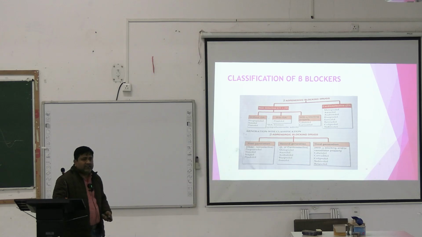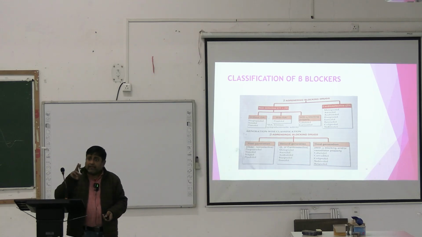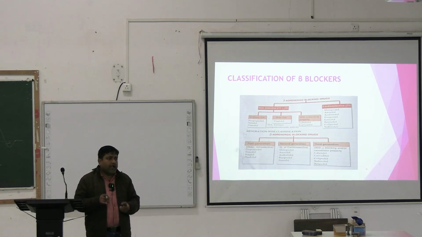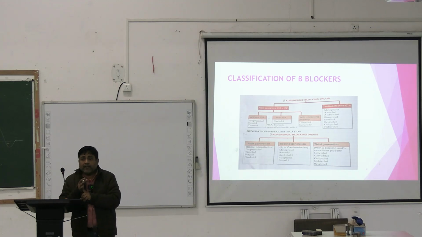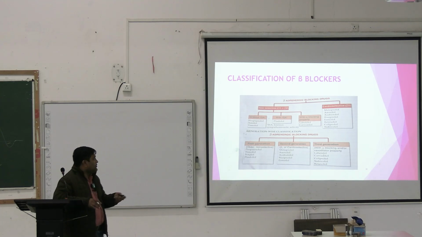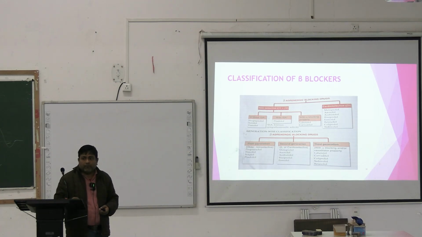Now in third generation, other than beta blocking property, they have either alpha blocking property or additional vasodilatory property. So there labetalol and carvedilol will be seen, and again nebivolol, betaxolol and celiprolol can be seen. They have vasodilatory property.